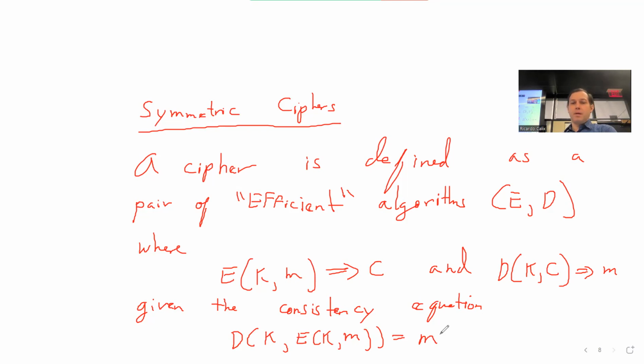So that's the formal definition, and a lot of cryptography is like this. It's very simple things, but you state it in certain terms. Given the consistency equation, D of K comma E of K comma M equals M. Any questions so far?